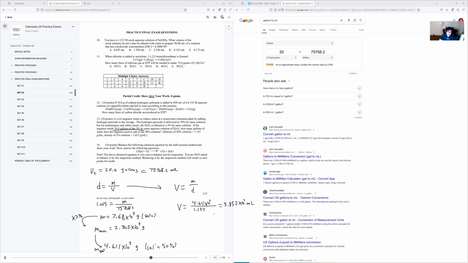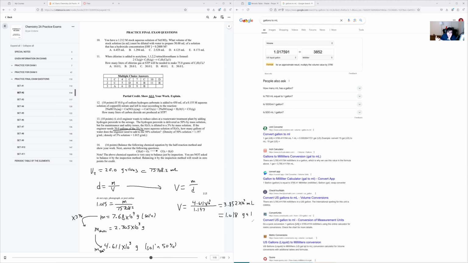So now what we can do is convert this back into gallons, or we keep it in milliliters. Does it say? Yeah, it says gallons. So I'm going to convert this back into gallons. This is 3,852. It's about 1.018 gallons.